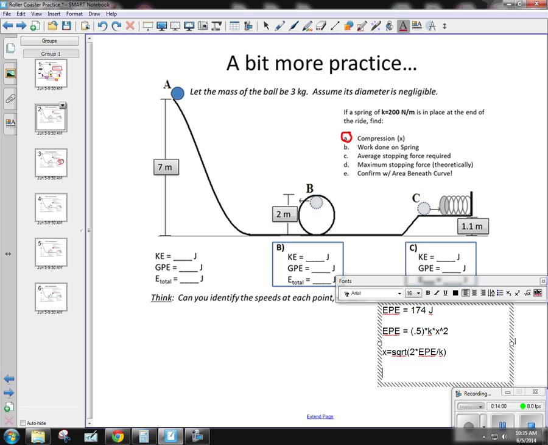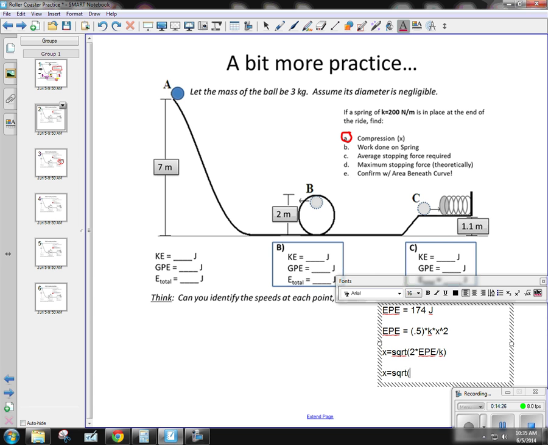Same idea. So we're trying to say, how far is this going to compress? We need to know this because we actually still have to design this spring. So this is all theoretical, right? But if I take this to Trimper Rides or someone, they need to say, okay, how long does this really large spring need to be? Because otherwise it won't be able to compress any further, and it'll be like hitting pretty much a brick wall.